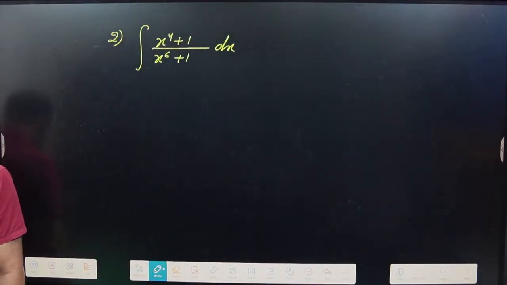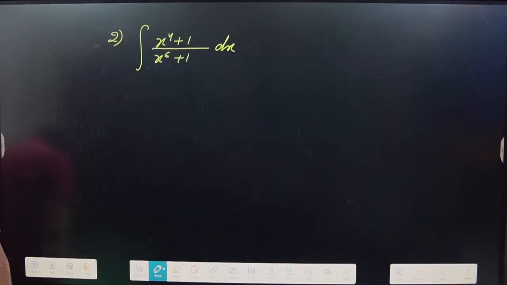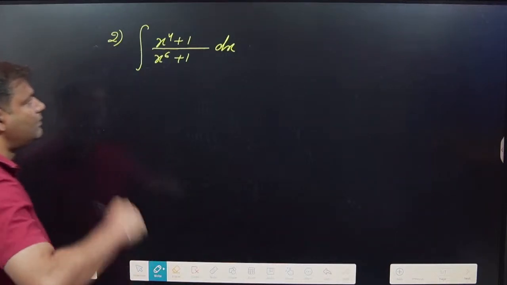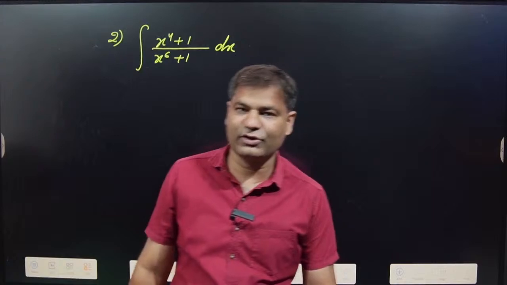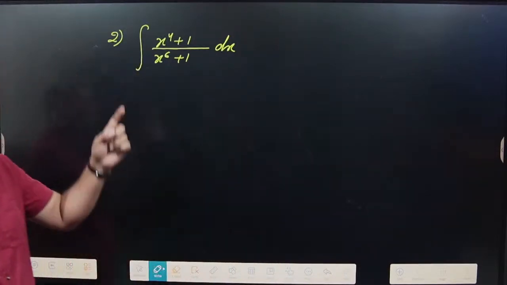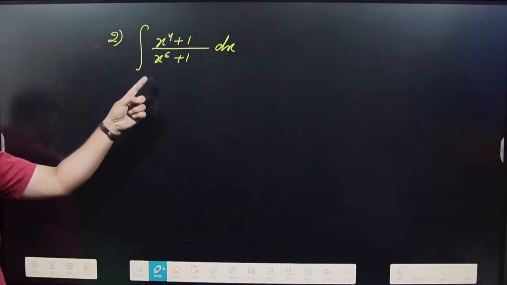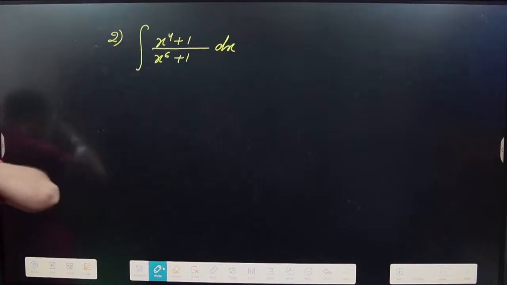So how can we do this type of problem? Simply, first of all everyone can try integration of x to power 4 plus 1 upon x to power 6 plus 1 dx. Everyone can try first, then after that I will do it.